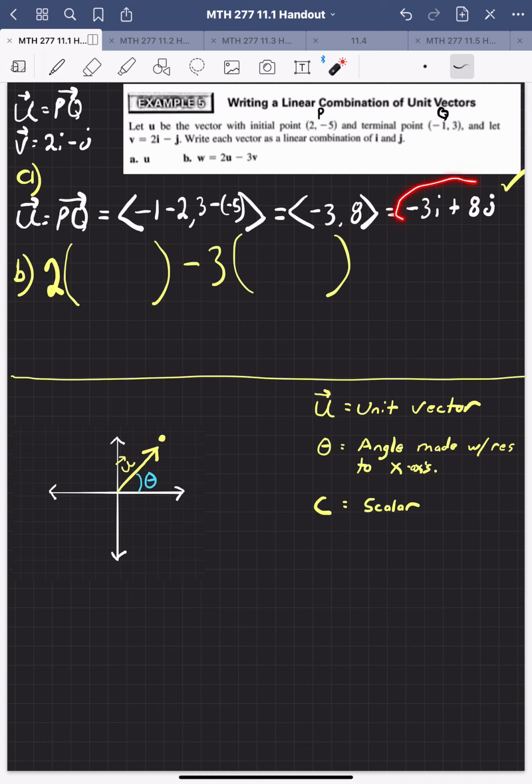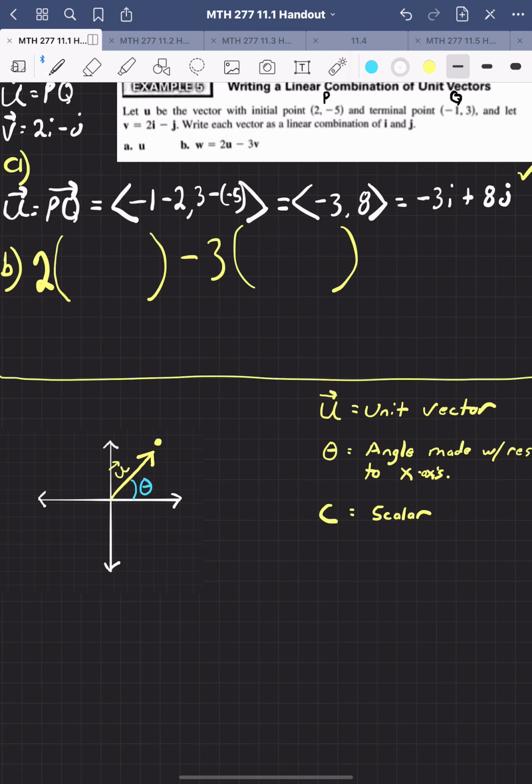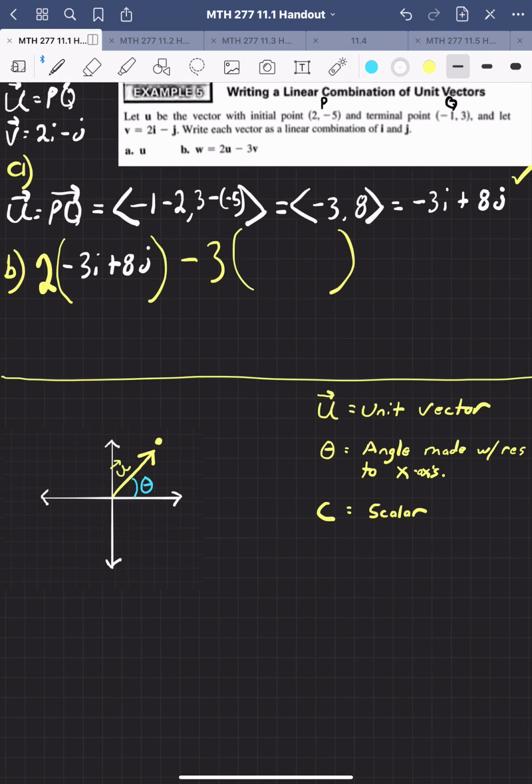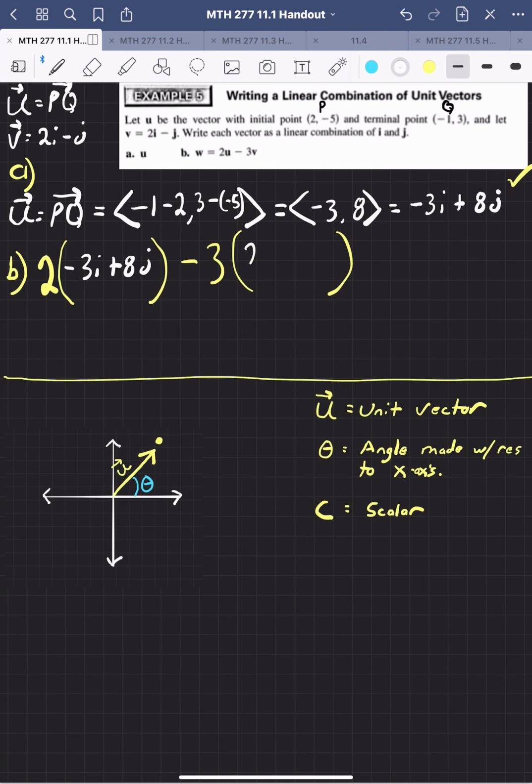Since I already have u in ij notation, I'm just going to drag and drop that here. And I was already given v in ij notation, so I'm going to drag and drop that here. At that point, we're just going to distribute and combine like terms, and we'll be all done. So u would be -3i plus 8j. Sorry, and v would be 2i minus j.